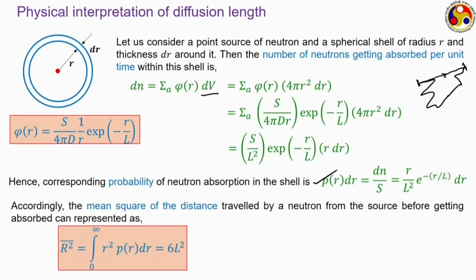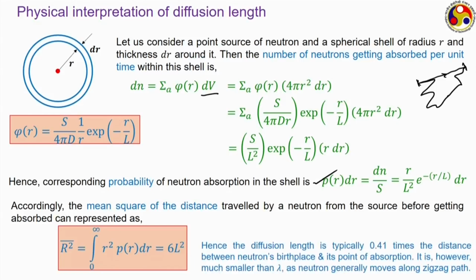So, this distance R is invariably much smaller than the mean free path. But what we can see is that the diffusion length is typically only about 0.4 times of the distance travelled by the neutron from its birthplace to the point of absorption on an average.